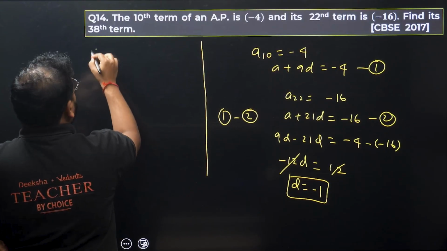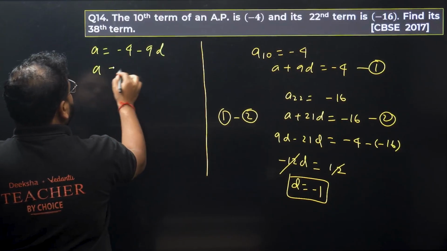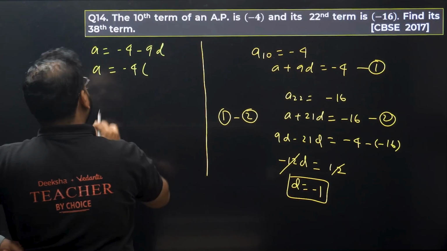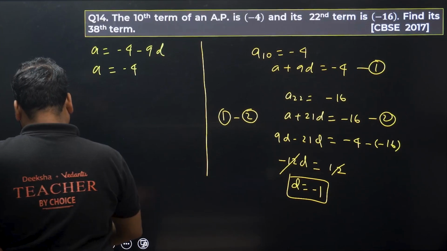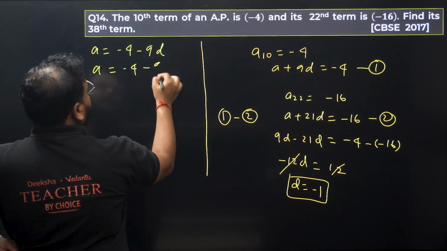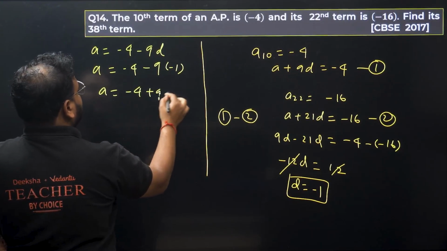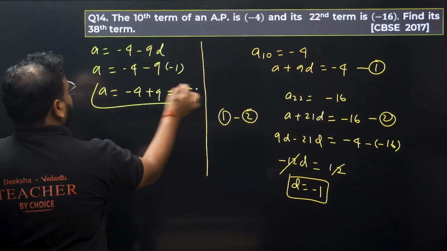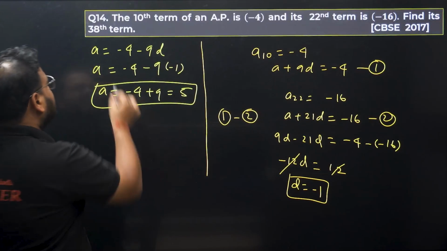So I'll have A equals minus 4 minus 9D. So A equals minus 4 minus of 9 times minus 1. So A is minus 4 plus 9, which is what? 5. And what are they asking? They're asking us A38. They're asking us 38th term.